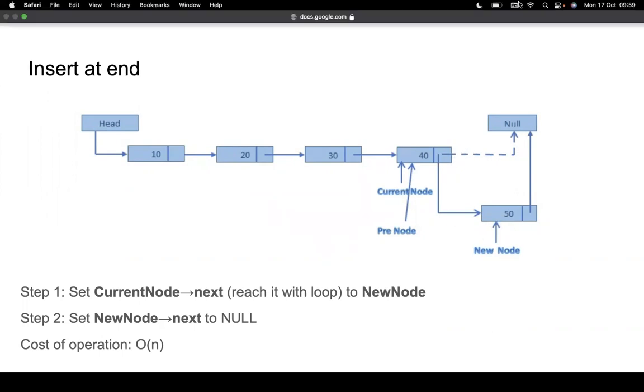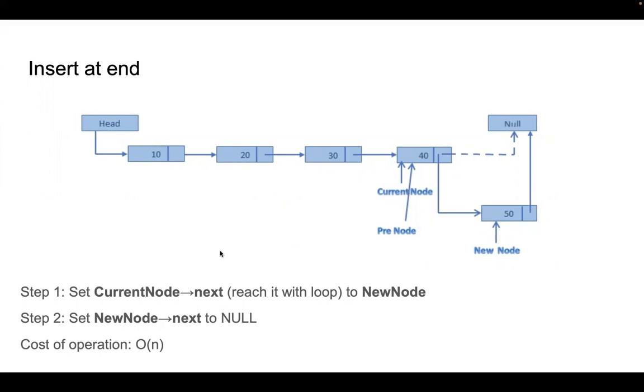See, the last node of the linked list always points to the null, okay? This is the logic. If the current node, or last node, let's say, points to the null, that means this node is the last, okay? So that's why we're going to first reach the node with a loop, okay?